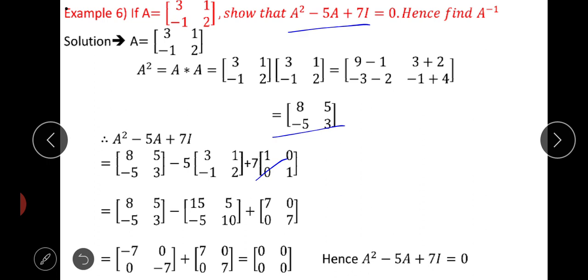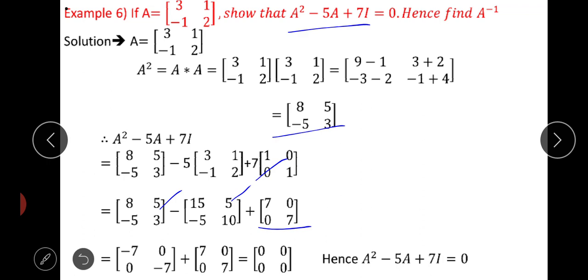Then 5 minus 5 plus 0 is 0. Minus 5 minus of minus 5 plus 0 is again 0. Then 3 minus 10 plus 7 is 0. So we get the zero matrix.